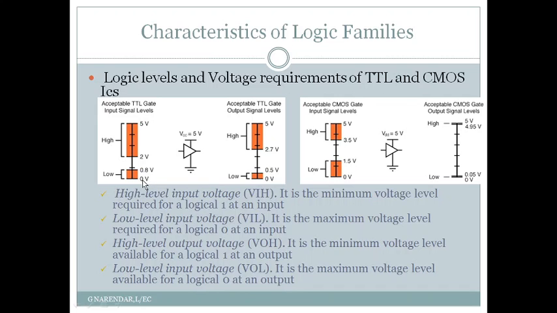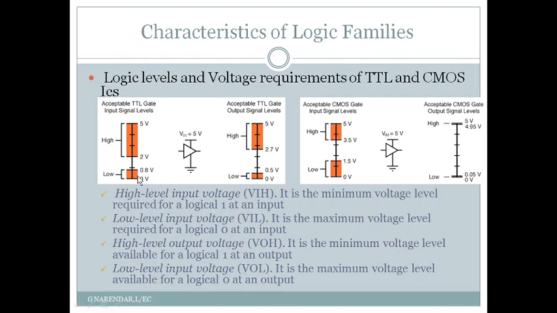But in the practical case we define a voltage range that represents logic 0 at the input of a logic gate. Here for TTL it is defined as 0 volts to 0.8 volts. Any voltage which falls within this range, when given as input to a logic gate, is treated as a low signal, or a logic 0 signal.